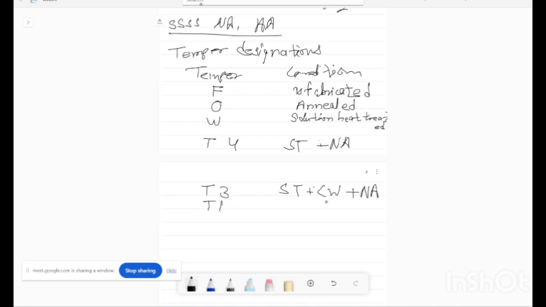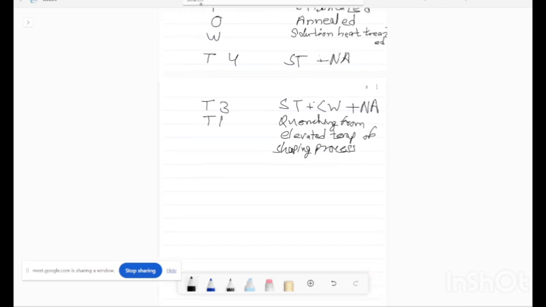Then if T1 is there, it shows quenching from an elevated temperature shaping process, plus natural aging.